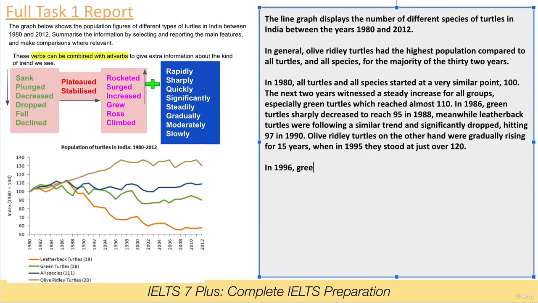In 1996, green turtles' population rose to reach, we're looking at 1999, to reach almost 100, like in 1980. So we're comparing between the times and the different species.